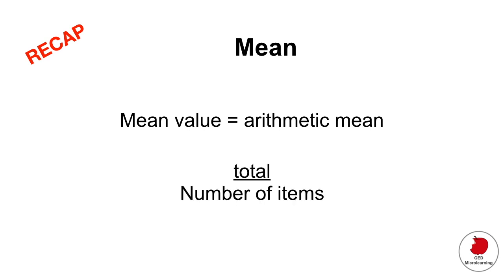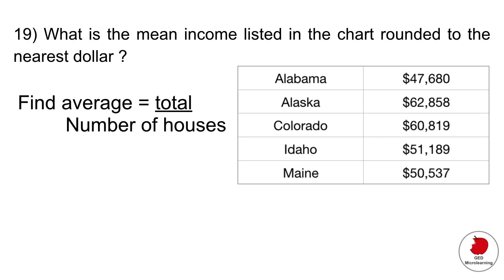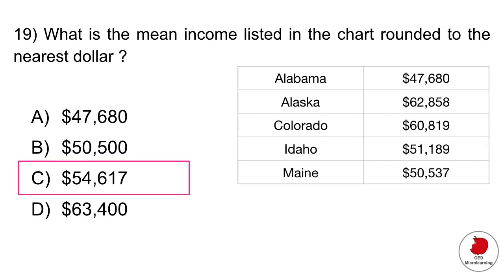So you would take the total and divide it by the number of items. In this case, the total would be the cost for all of the houses divided by the number of houses, which is 5. And that gives you that amount, which rounds to $52,617.